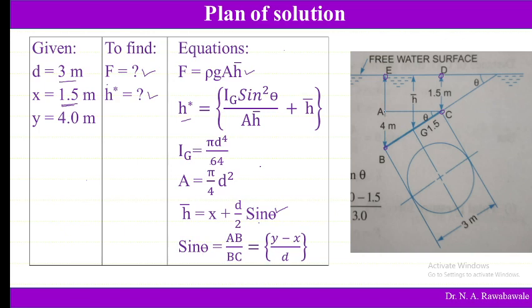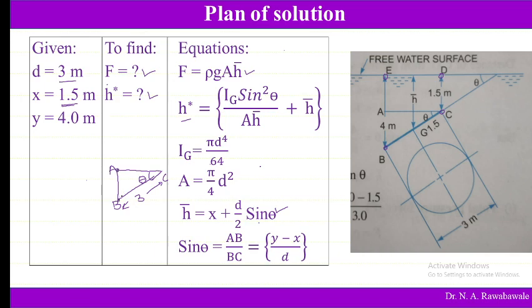If we consider this triangle ABC, in this triangle ABC, this angle is theta. Now the distance BC is known as 3 meter. The distance AB we can find out.